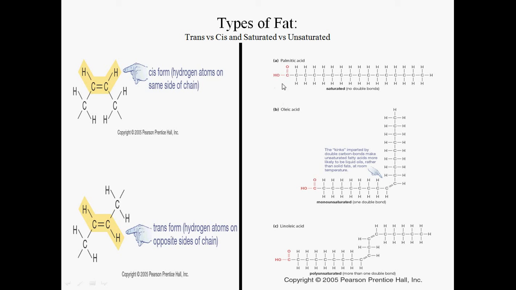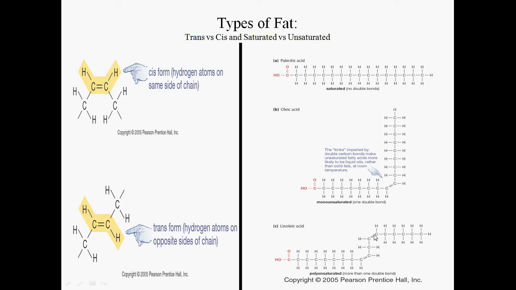Saturated fats occur where there are no carbon-carbon double bonds. So if you look here in figure A, this palmitic acid, you'll see that there are no carbon-carbon double bonds. All the carbons are thus completely saturated with hydrogens. Now if you look here, you see that this one has kind of a kink or bend to it. Well, that kink or bend is due to a carbon-carbon double bond, which means that this is actually an unsaturated fat. And so the unsaturated fats are considered unsaturated because there are actually double bonds.